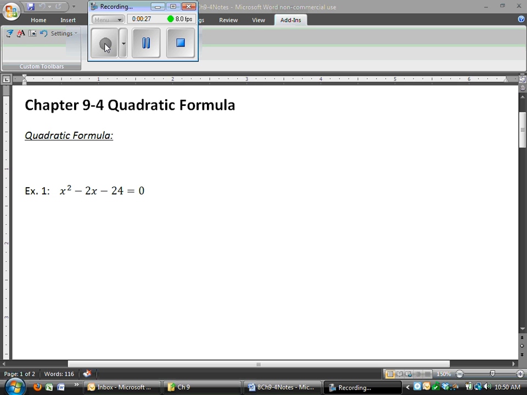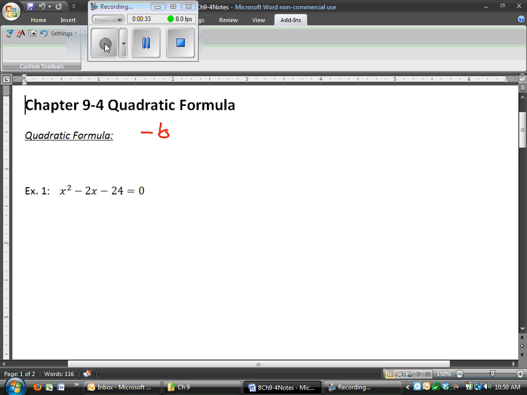The formula itself is one of the longer formulas you've seen in your mathematics career thus far. It's the opposite of b plus or minus the square root of b squared minus 4ac, all divided by 2a. Okay?